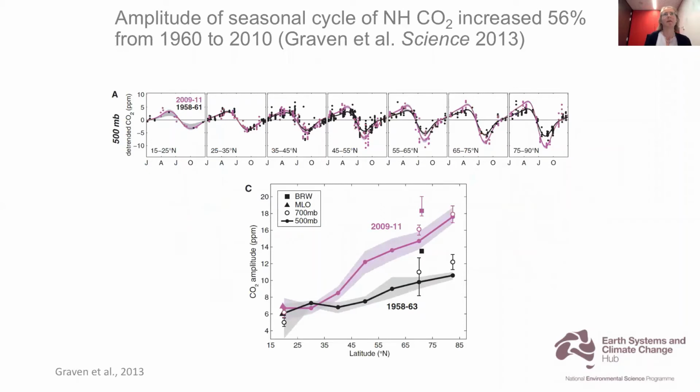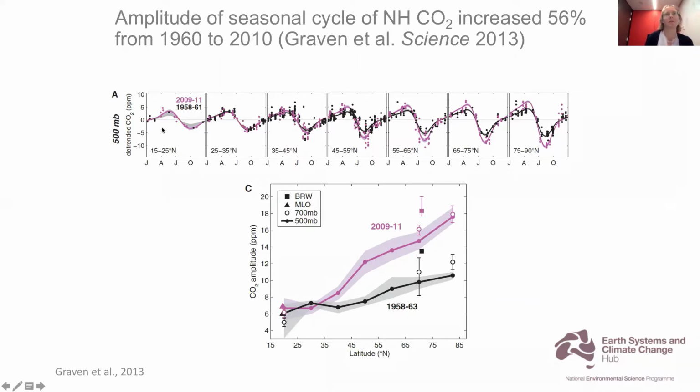Okay, another marker of increasing terrestrial biospheric activity is that the amplitude of the seasonal cycle of northern hemispheric carbon dioxide has increased by over 50% since 1960. That's what's shown in these plots here.